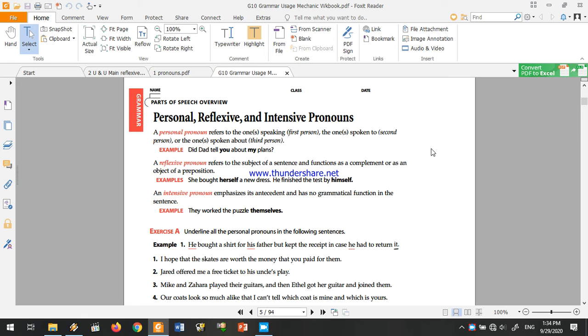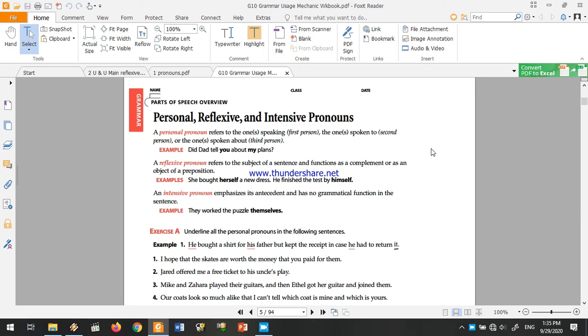For example, she bought herself a new dress. Another example, he finished the test by himself. We use a reflexive pronoun when the object of the sentence is the same as the subject. For example, Muhammad looked at the mirror.